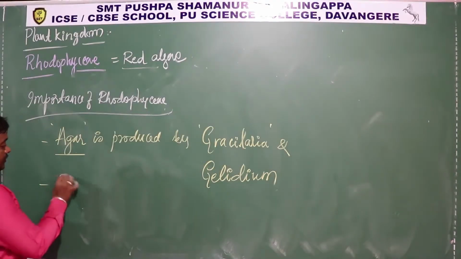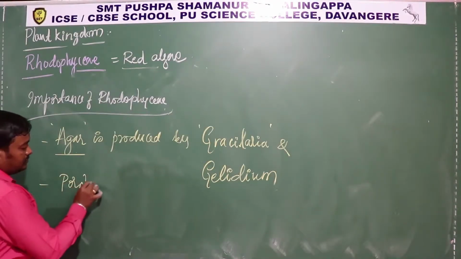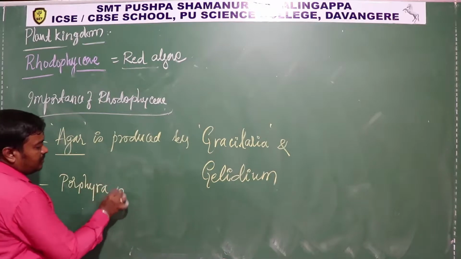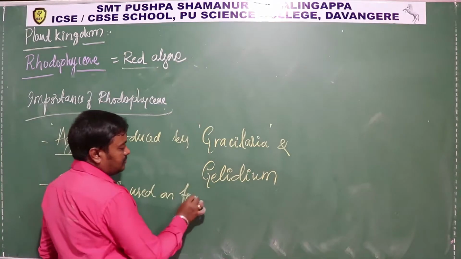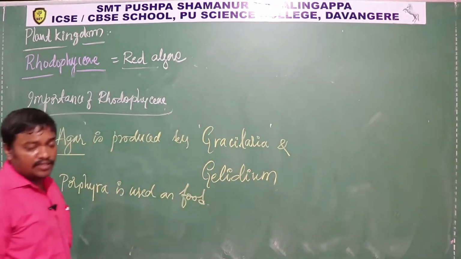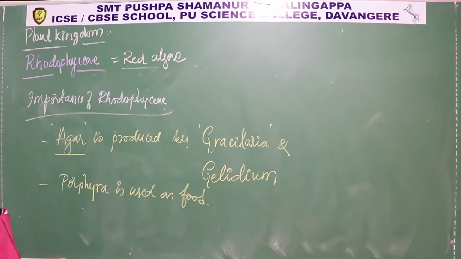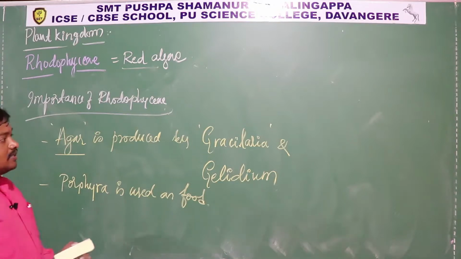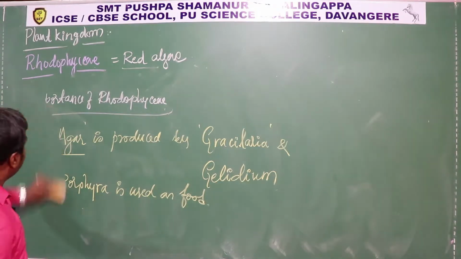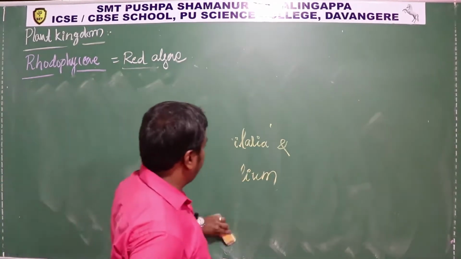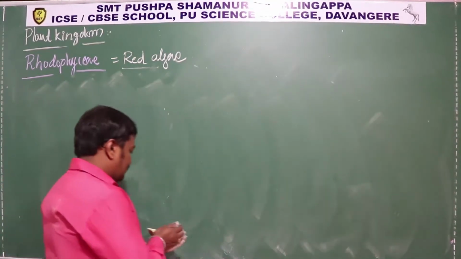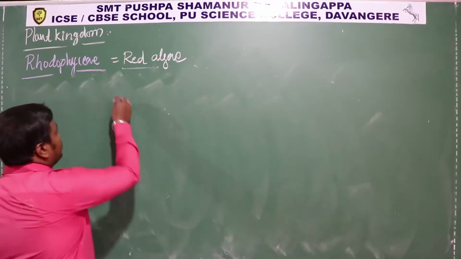And Porphyra is used as food. So this is the importance of red algae. You can remember the examples. Four examples are enough. So let me list out the examples.